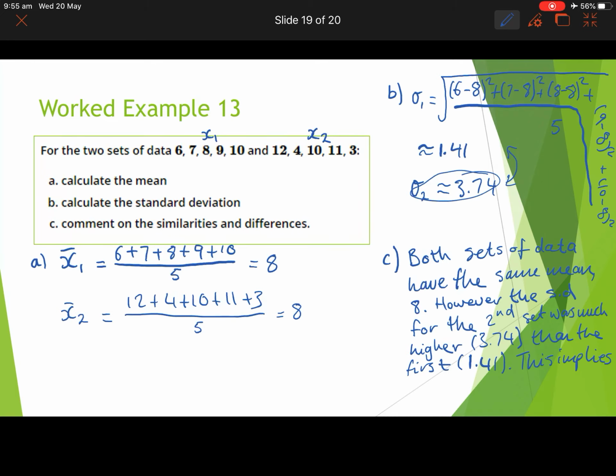So the fact that our second set's standard deviation was higher means that the set of data is more widely distributed. So this implies the second set of data is more widely distributed.